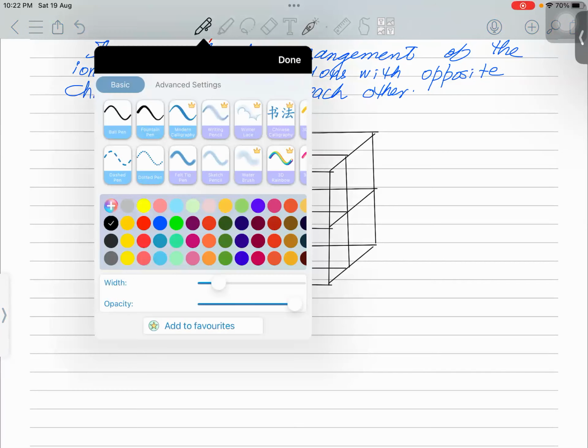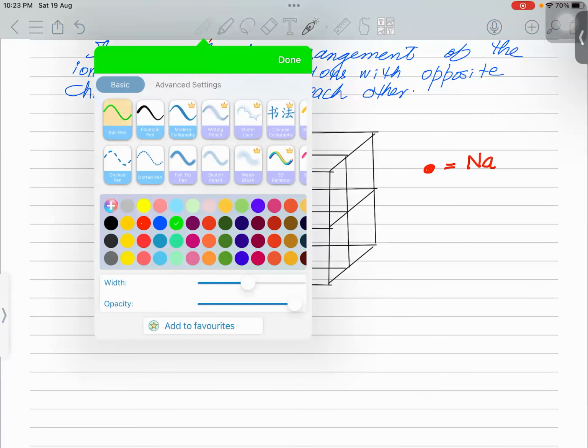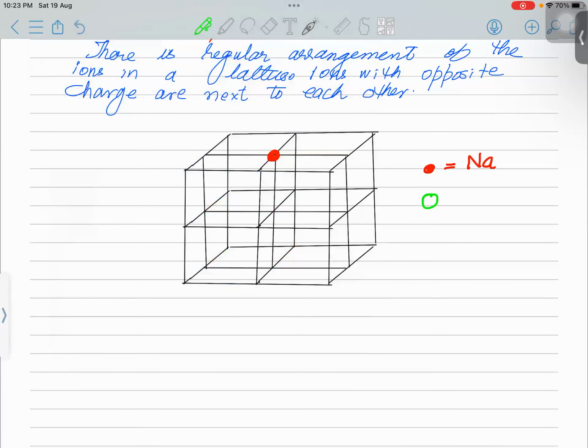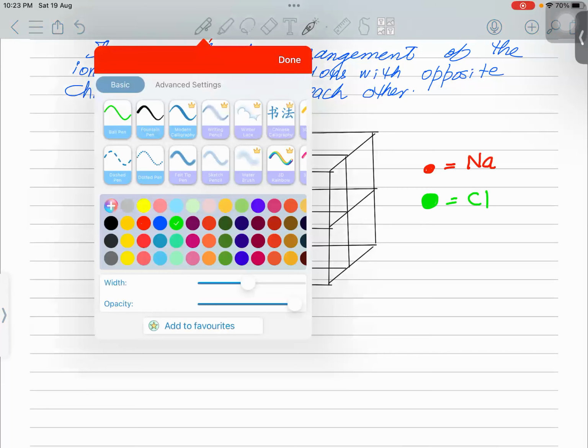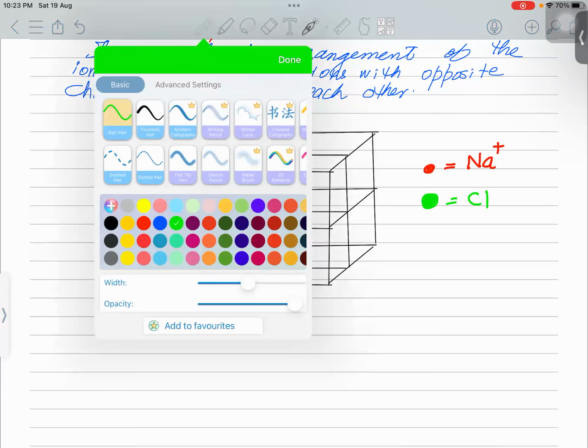Now look at the structure, right? The red one is sodium, and this green one is chlorine. You know that sodium is positively charged and chlorine is negatively charged.